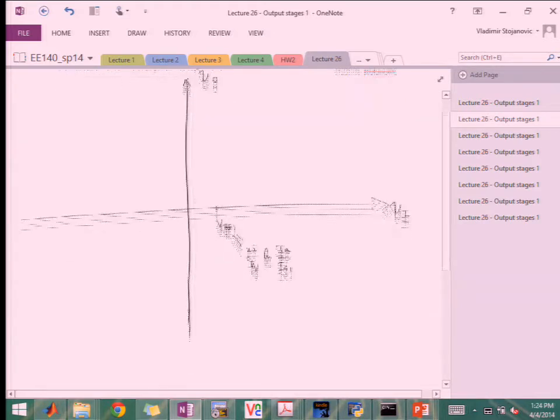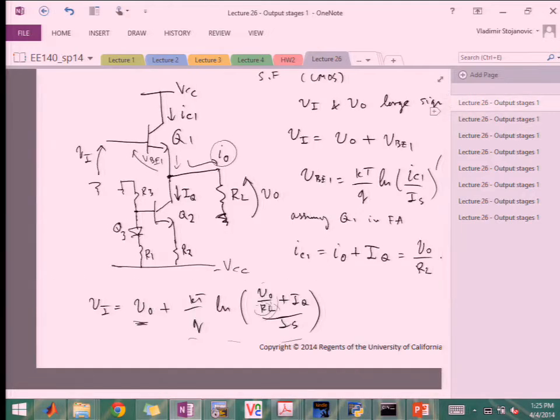Then from this point on, we can keep increasing. The slope is going to be very close to 1. Up until what point? Let me just delete this. What is the maximum output value that we can reach in this circuit? Assuming I can move the input any way I want.